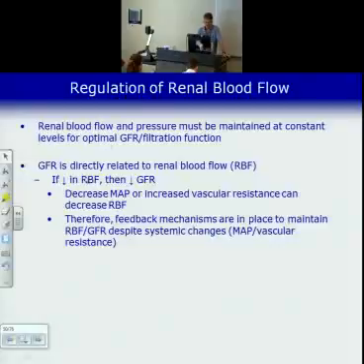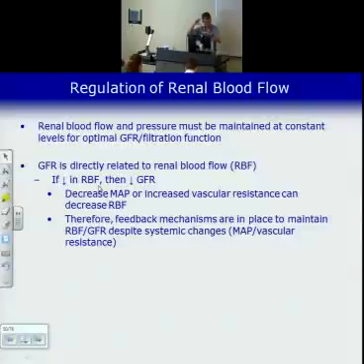But the first front line, not simplistic, but obviously, is that the amount of blood going through there is going to determine or have an effect on GFR. So obviously, if you have decreased blood flow, your GFR is going to go down. If you have too much blood flow, too much pressure, GFR is going to go up.